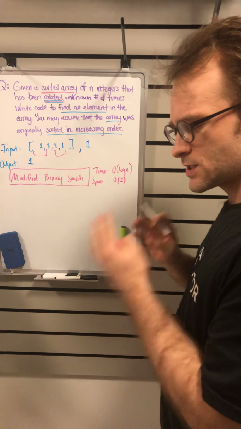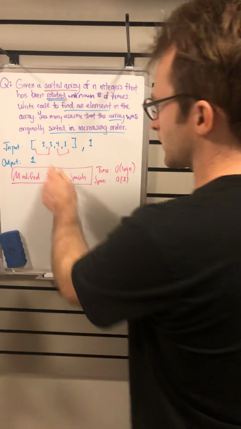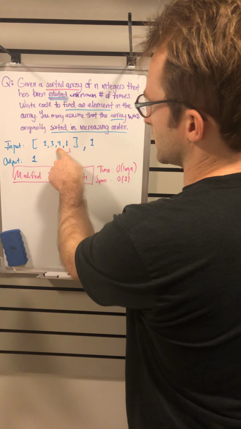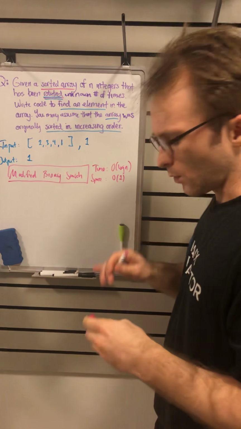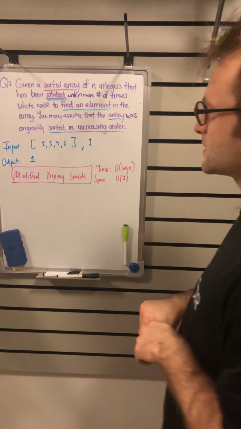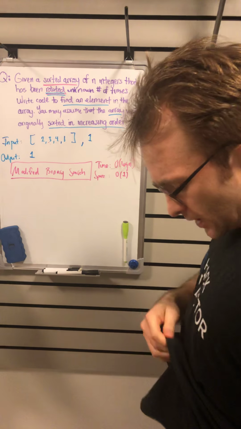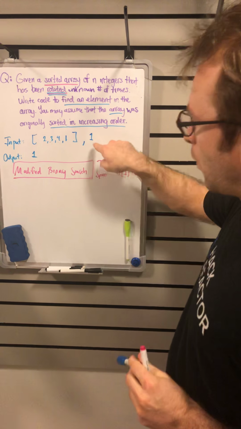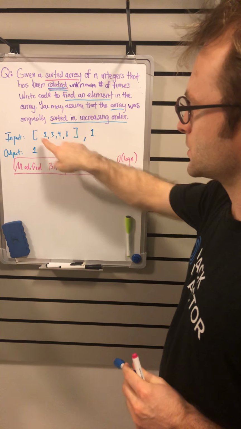So this is going to be a little bit trickier because it's technically out of order by 1. So what we have to do is ask a couple questions to gauge where 1 is in relation to the array.